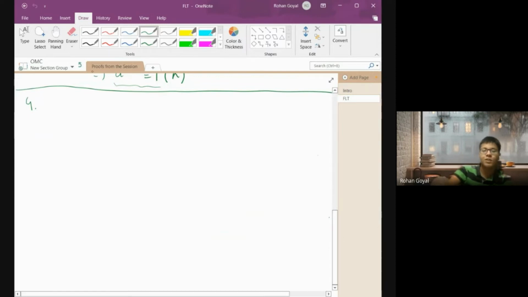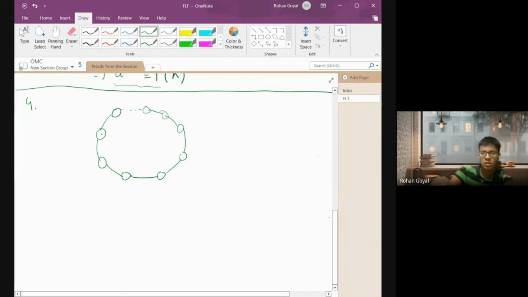Okay, so consider the following structure. Let's say you have a necklace with p beads. This is your necklace. It's a complete circle, by the way.